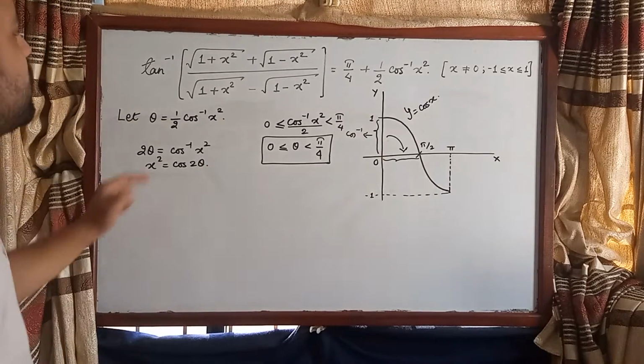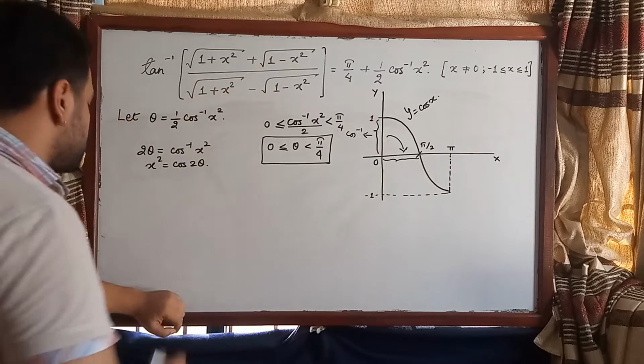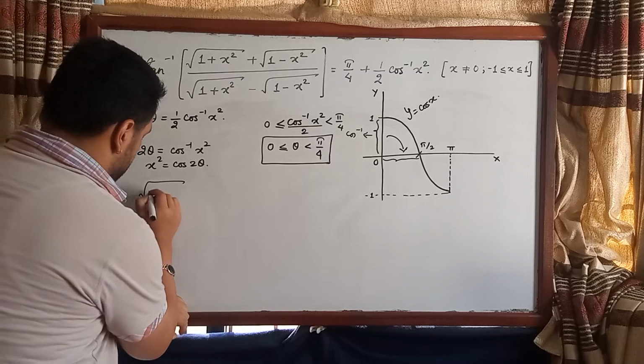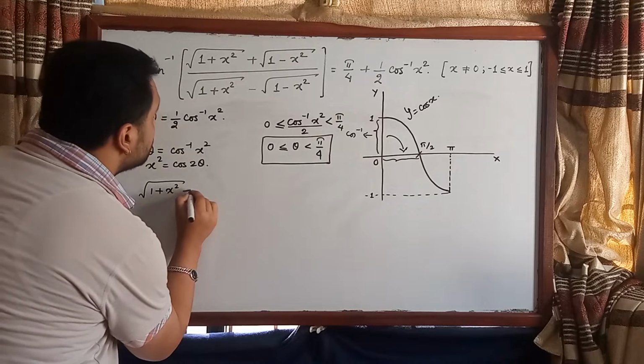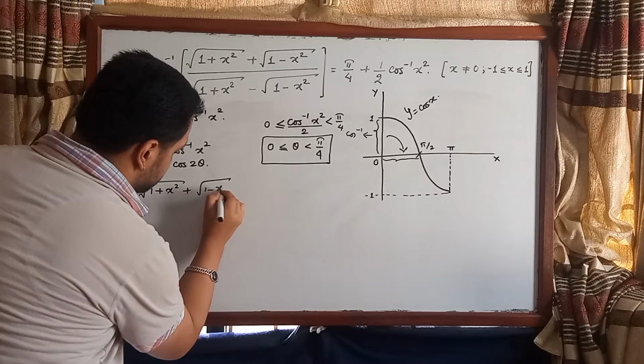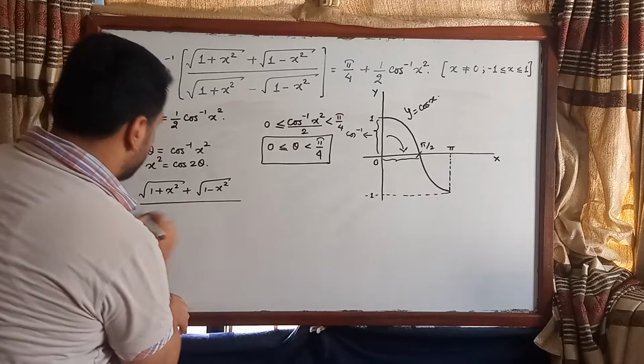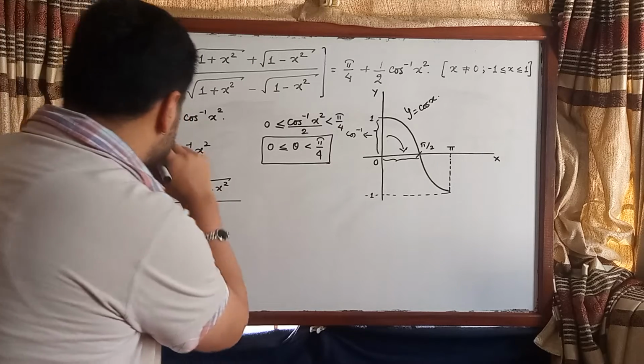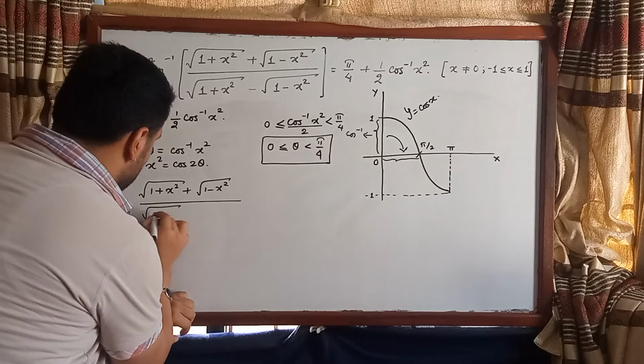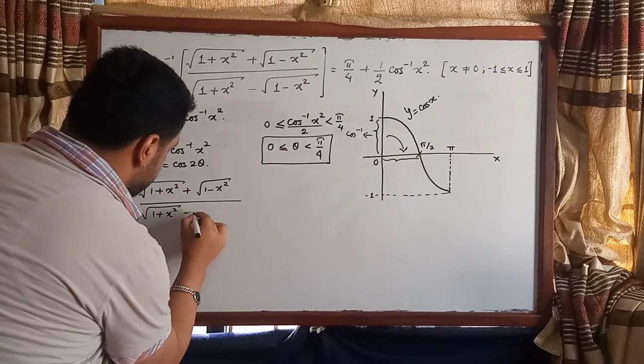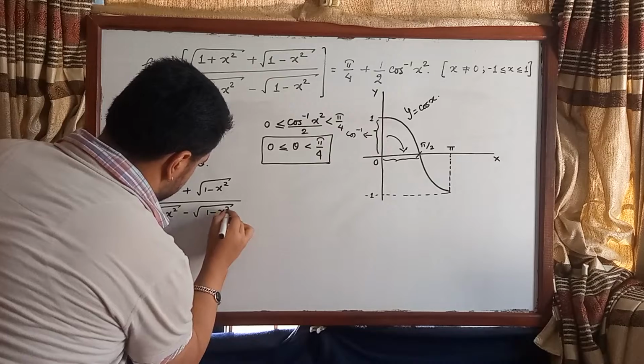Okay, now let's proceed with simplifying this expression. Square root of 1 plus x squared plus square root of 1 minus x squared over square root of 1 plus x squared minus square root of 1 minus x squared.